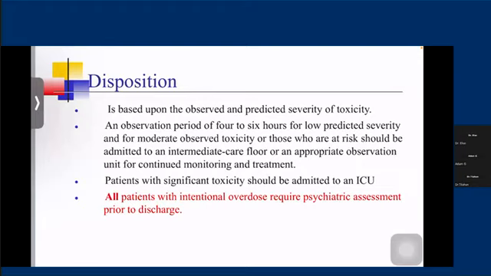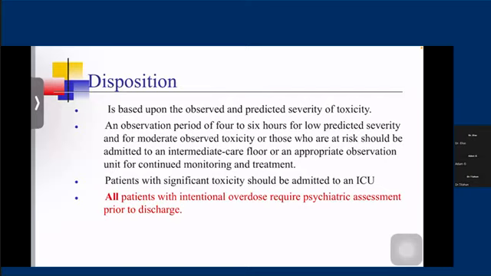For all patients with intentional overdose, we always have to identify whether the patient took the medication intentionally or not. If it is a suicidal attempt, before discharge we have to risk stratify the patient.